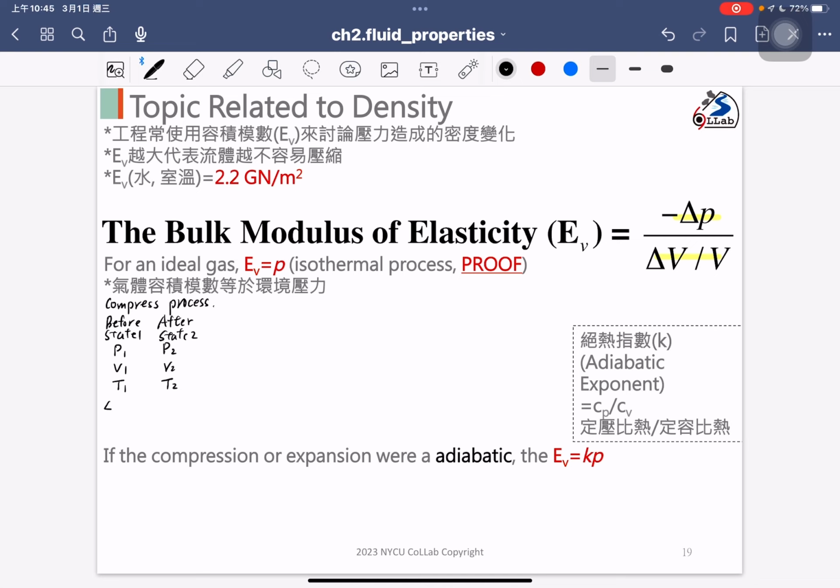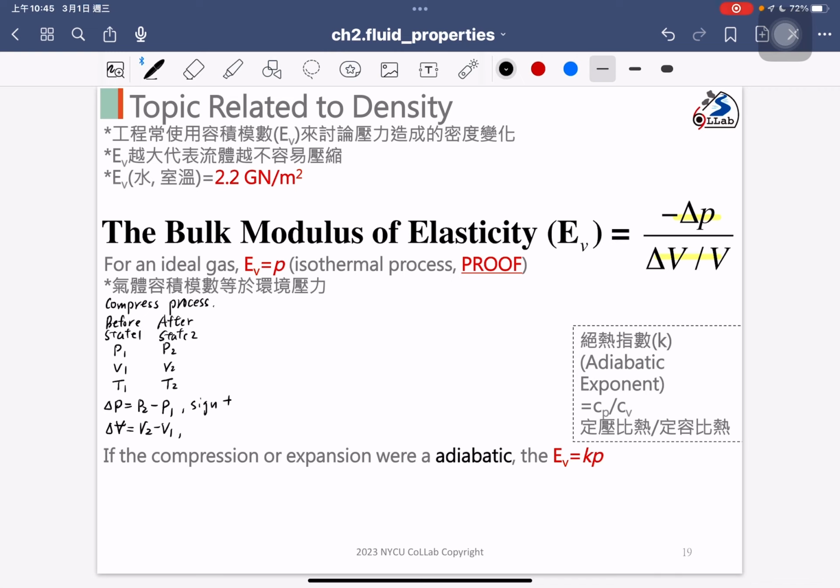If we compute delta P, I use P2 minus P1. Because our system is under a compression process, P2 is larger than P1, so the sign here is positive. And for the volume change, delta V is V2 minus V1.